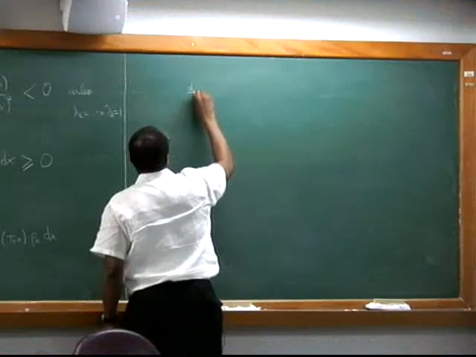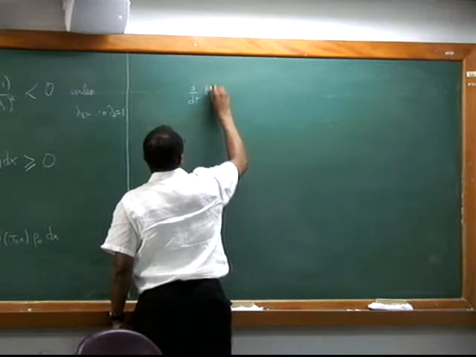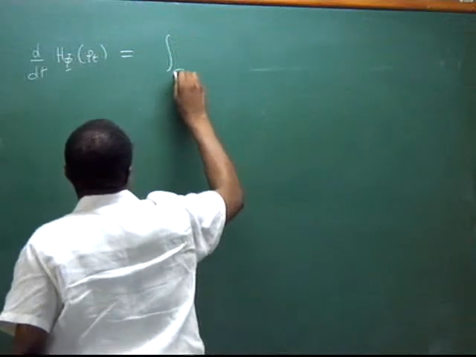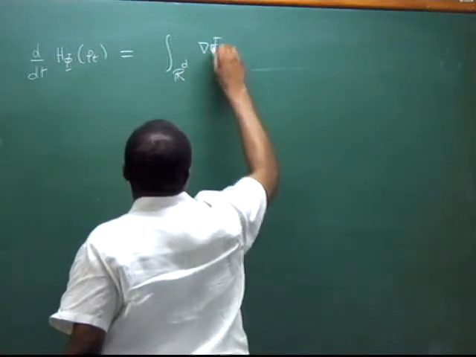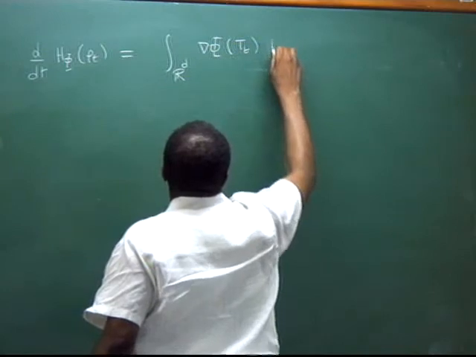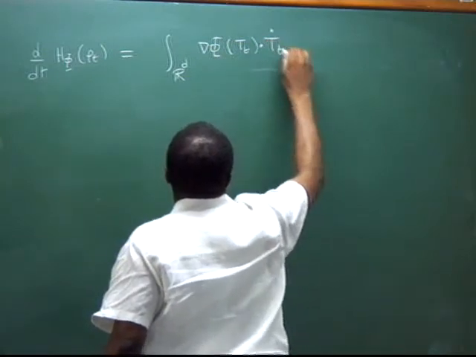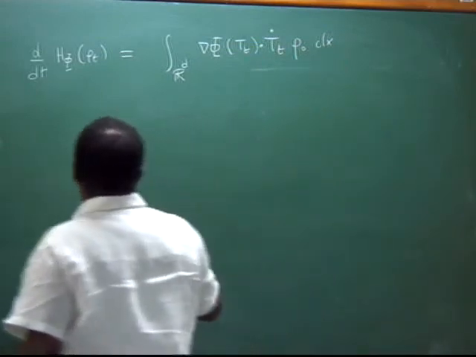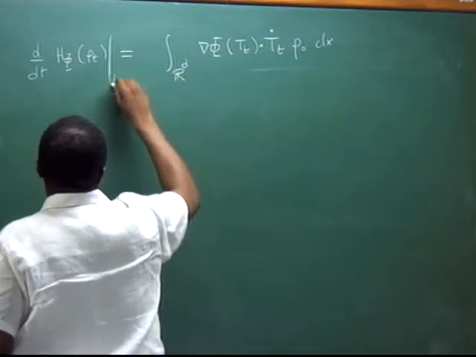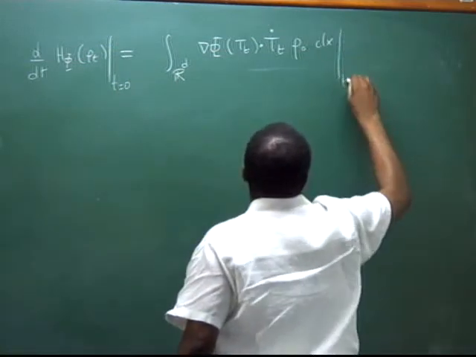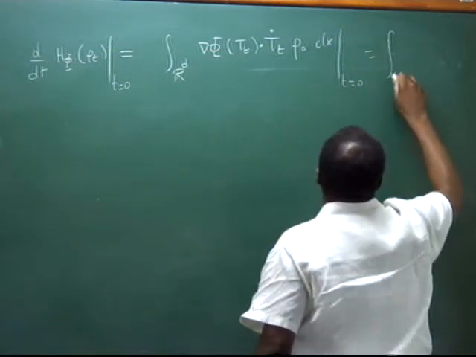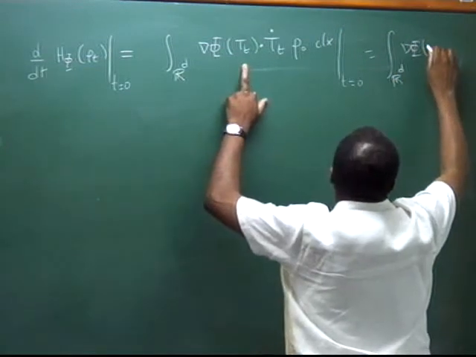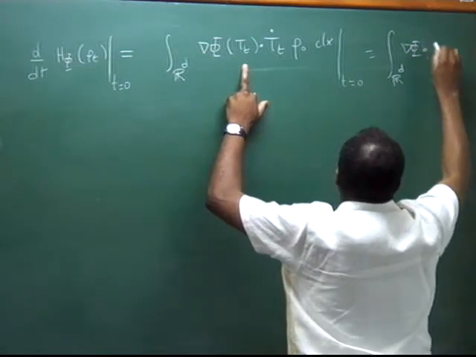Hence, if I differentiate once H_phi of rho t, what I get is the integral over R^d of gradient phi of T_t dot T_t dot, times rho naught dx. And if I take t equal to 0, I have the integral over R^d of gradient phi, since when t equals 0 we have the identity, dot T dot.